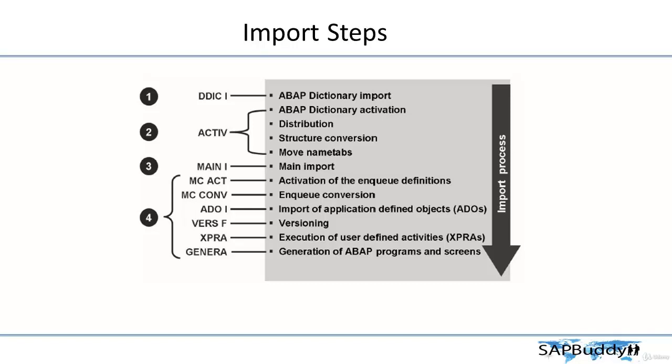Then dot target SID. Let's say it is imported, meaning executed, by its own specific table. We have seen R3 trans and TP program, and we also know there are a lot of RDD programs running in the background which help you to execute this particular step in the import process.